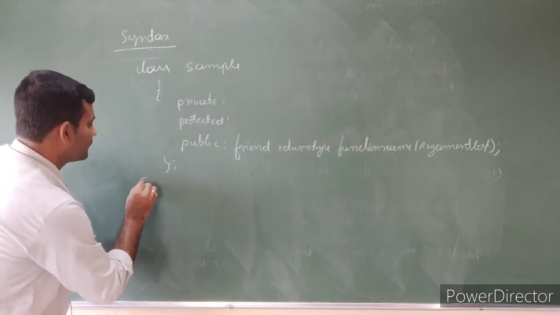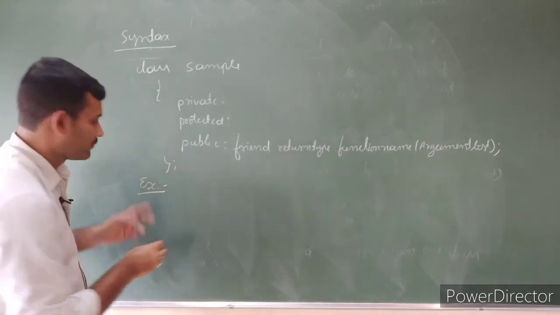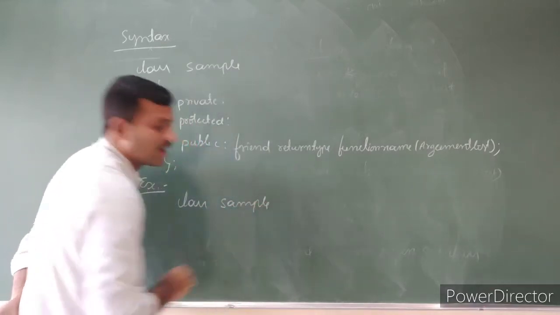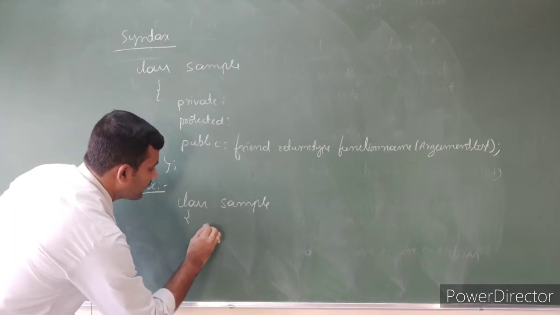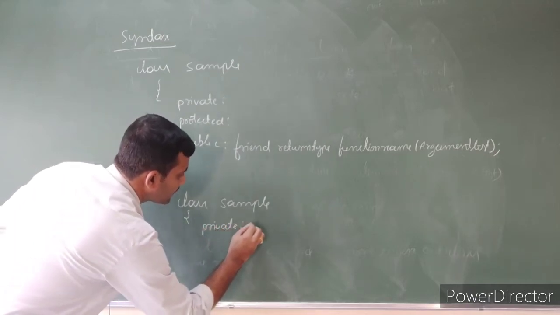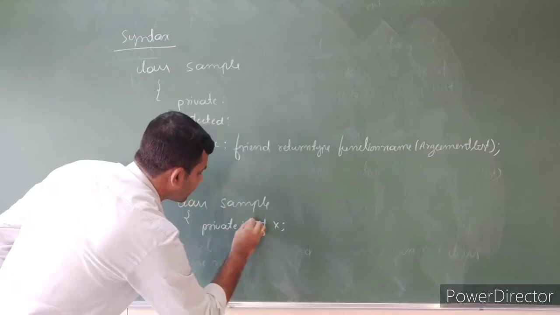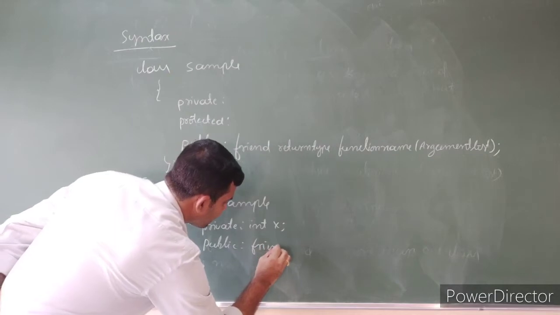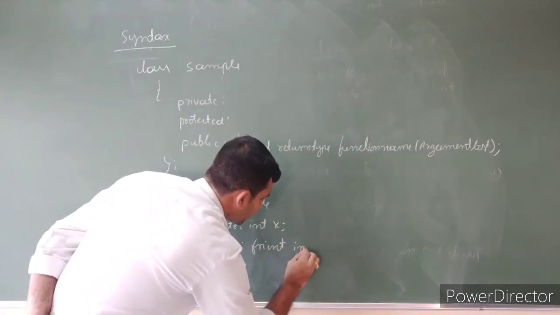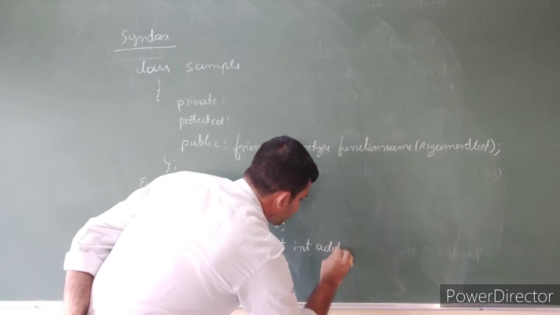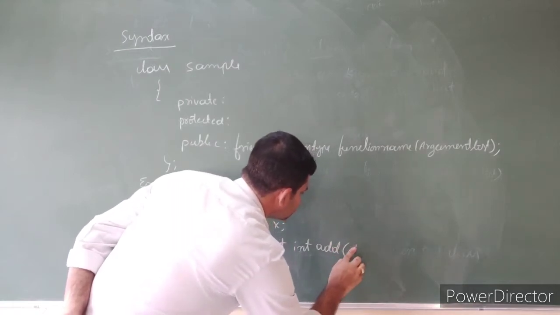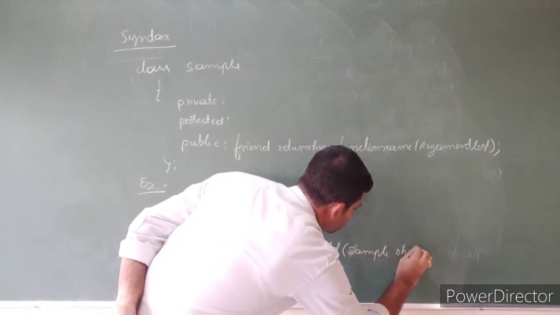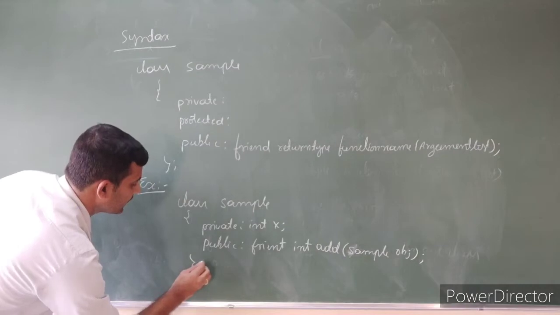Let's see the example. Class sample; under private we declare integer x. Under the public section, friend integer add, taking sample obj. Close the class.